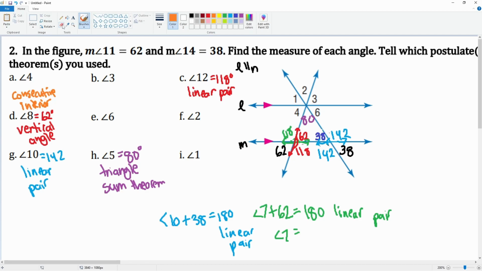Okay, that means that this has to add up to 180. So this is going to be 62 degrees. And then we know that this also has to be 38, because of consecutive interior angles. Consecutive interior angles add up to 180. So we can say this is 38 degrees.